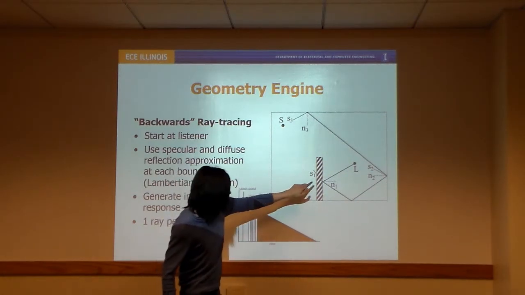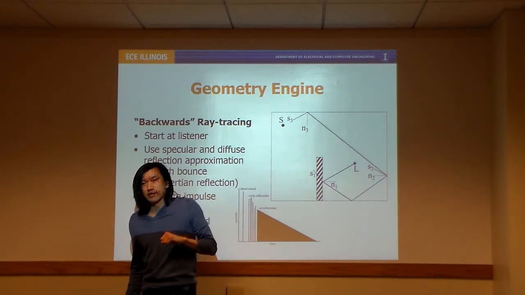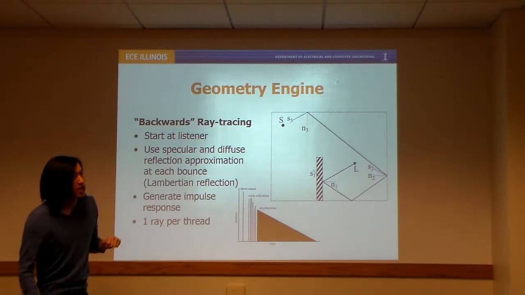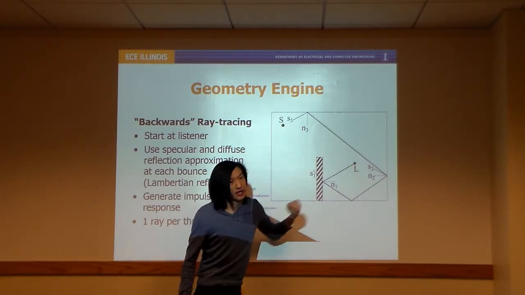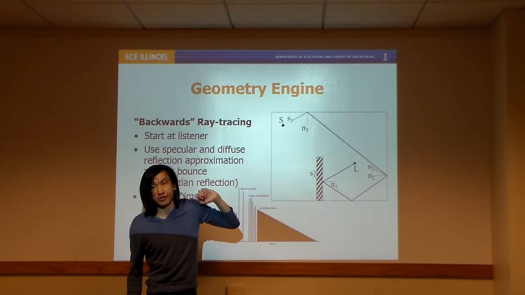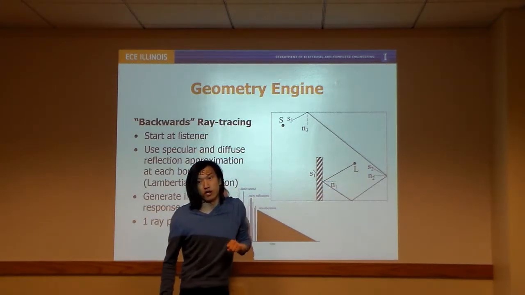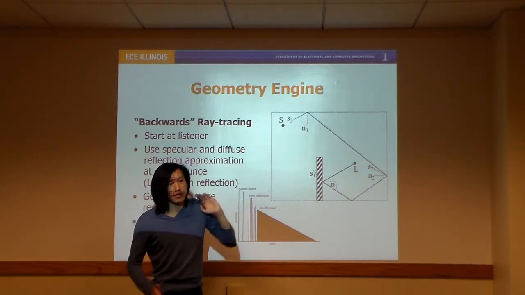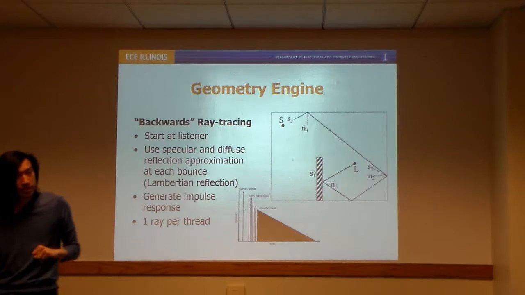What we're essentially doing is sampling various walls around the listener and looking at how much of a perfect reflection these walls are getting from the source. How much visibility are these walls close to the listener getting from the source?